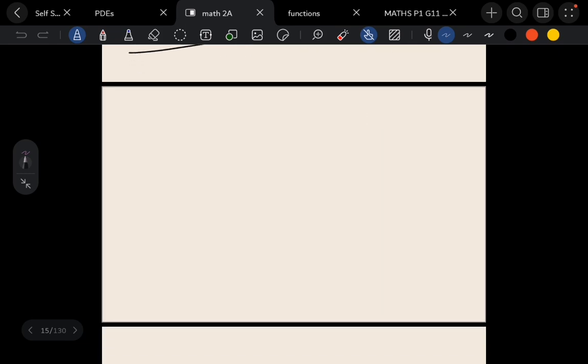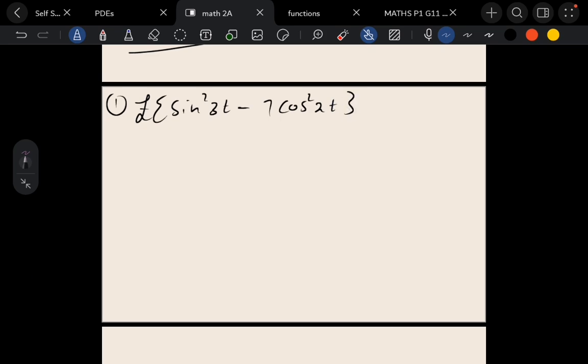So the first one is: what will be the Laplace transform of sine squared 3t minus 7 cos squared 2t? In the Laplace transform of trigonometric functions like this one, it is not this symbol here, guys, it is the z transform, but just say this is the Laplace transform. I have just written that symbol wrong. So let's just keep it as a Laplace transform.